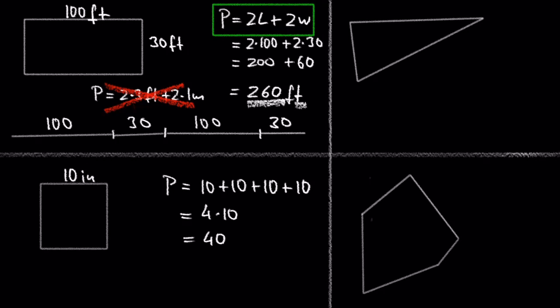Don't forget the units, so the perimeter for this square is 40 inches. For the formula of the perimeter of a square, we can write P equals 4 times S. S like side, for example.